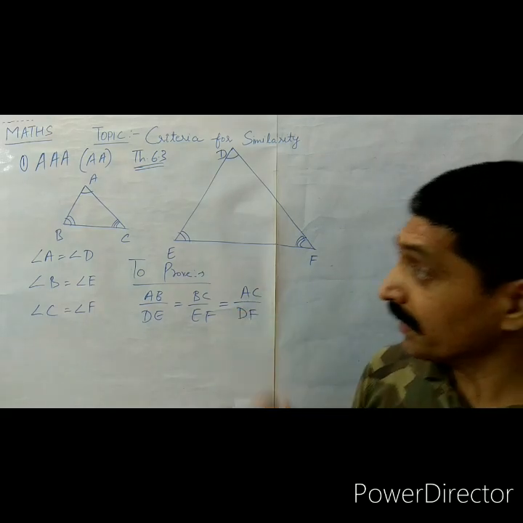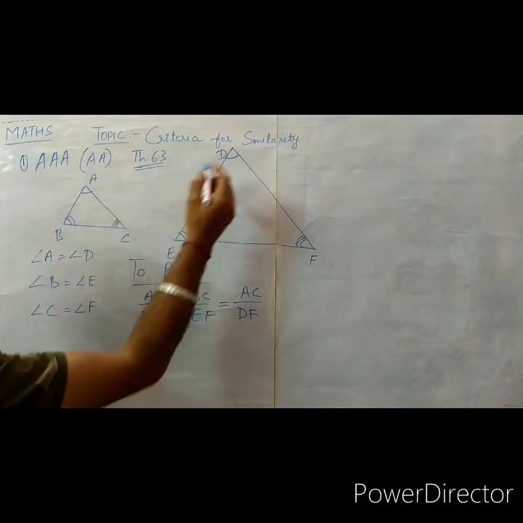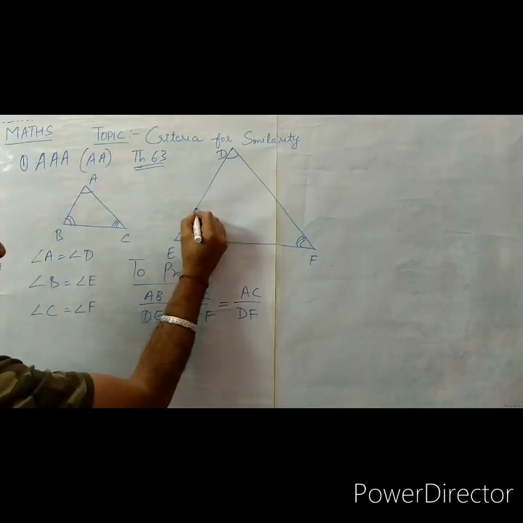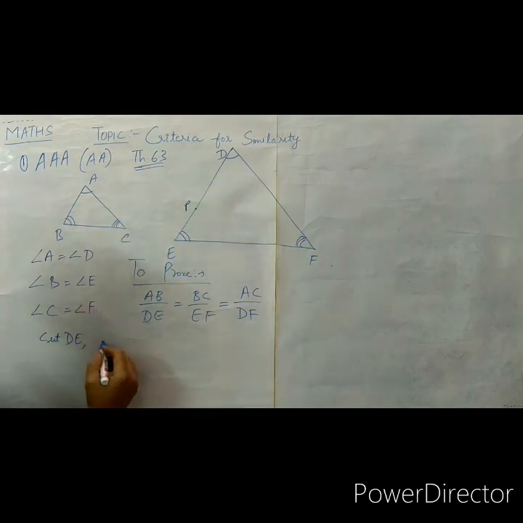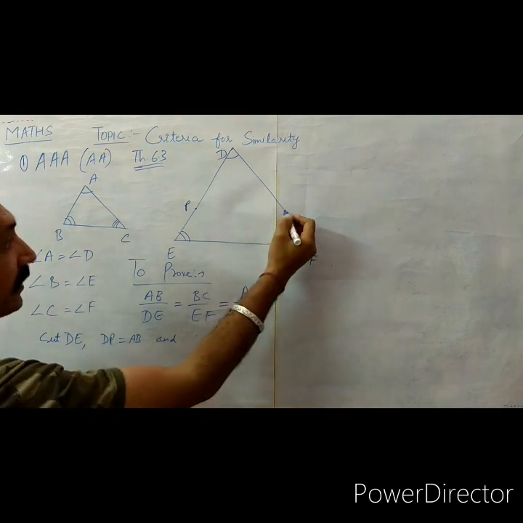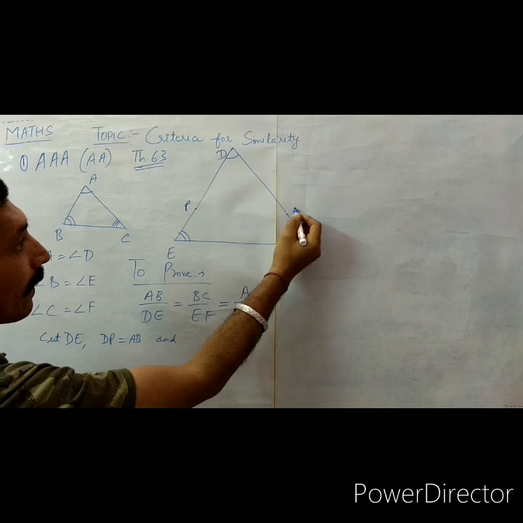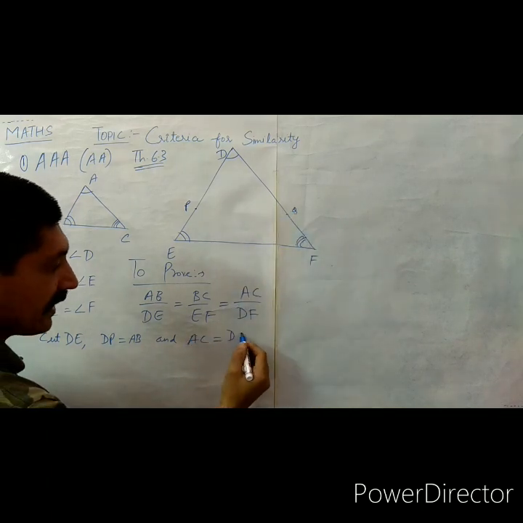So here we will put point P on DE in such a way that DP is equal to AB, and a point Q on DF such that DQ is equal to AC.